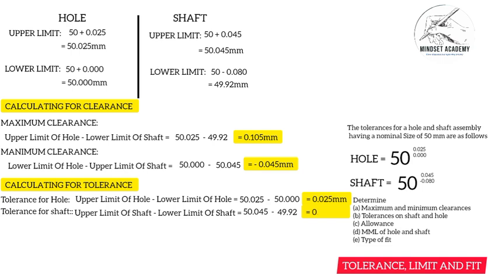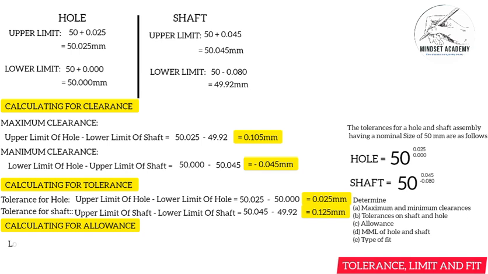Now the next thing here we're told to calculate is the allowance, right? So the allowance here can be calculated as the maximum metal condition of the hole minus the minimum metal condition of the shaft.